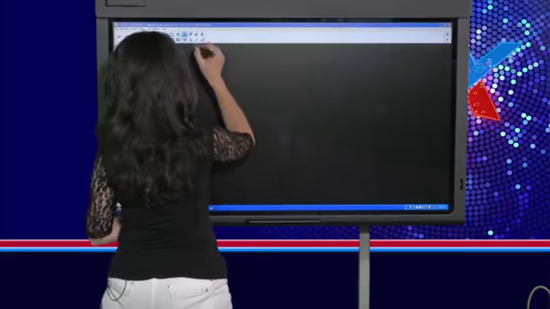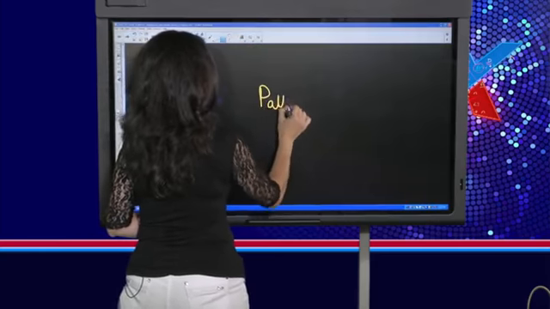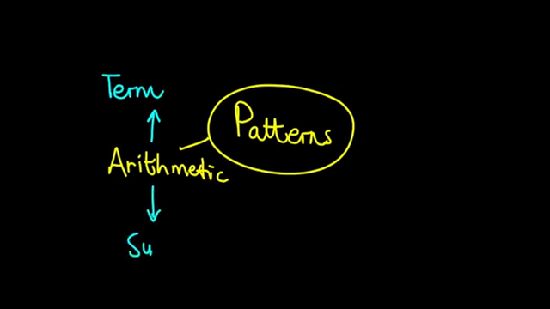Okay, so this section on patterns involves looking at mostly quadratic, which I've already said are on your notes, but the ones that we look at in grade 12 are what we label arithmetic, and we can look at the term and we can look at the sum of the terms. So the general term that we focus on is a plus n minus 1 d.